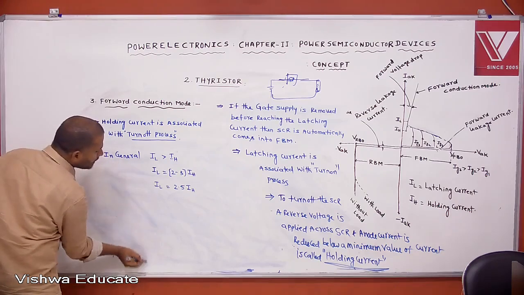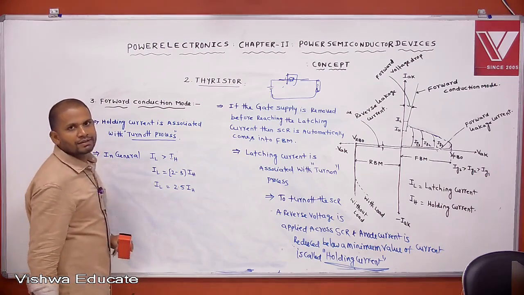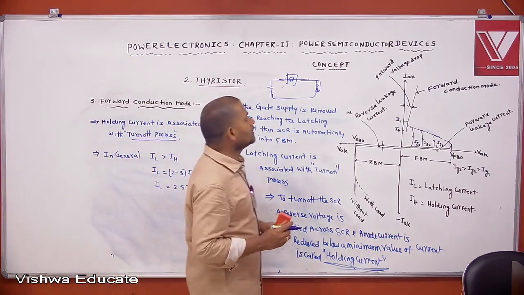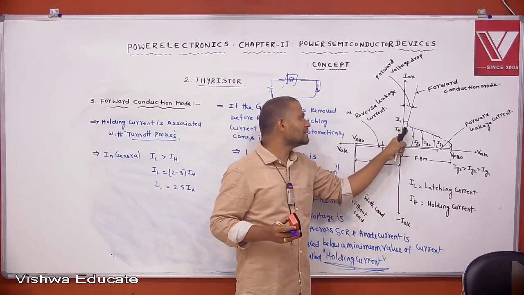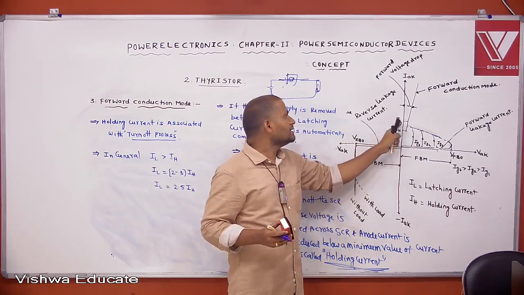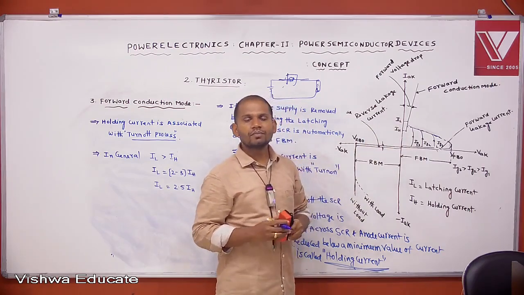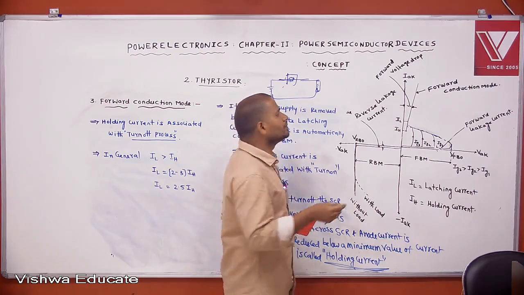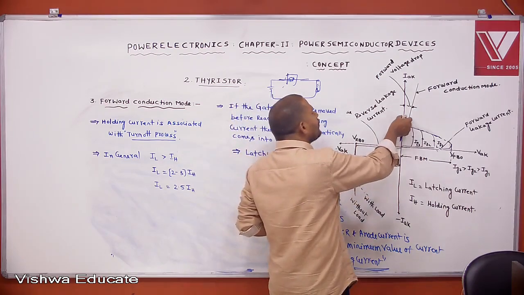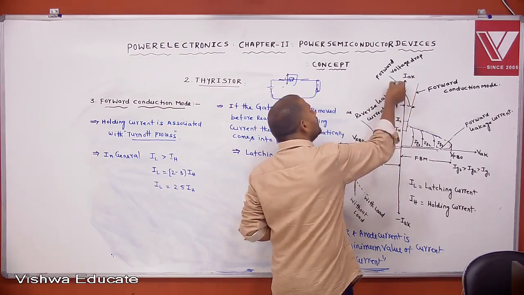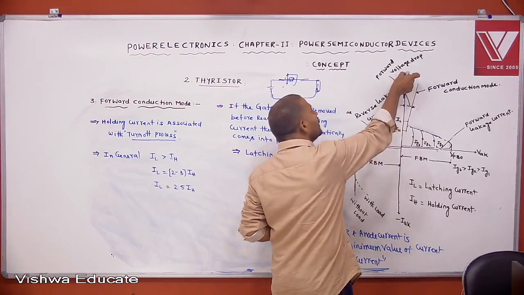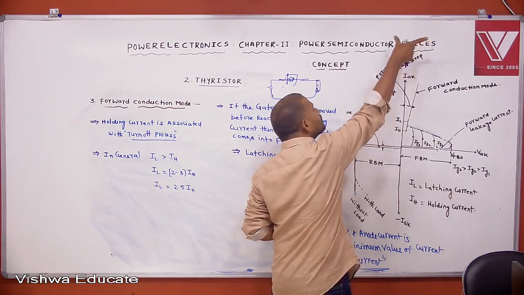Modes of operation are static VI characteristics of SCR. This is the holding current, the minimum value we can reduce the current to. This current is the latching current. If the forward current is continuously increased, the forward voltage drop, that is the on-state voltage drop, also increases.